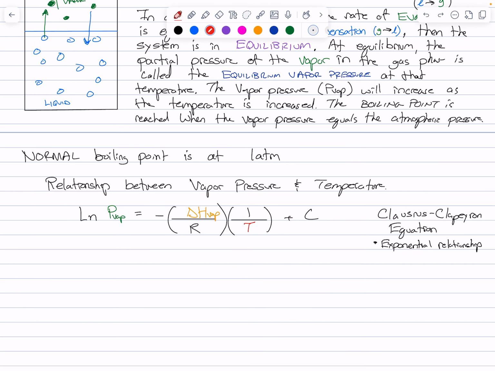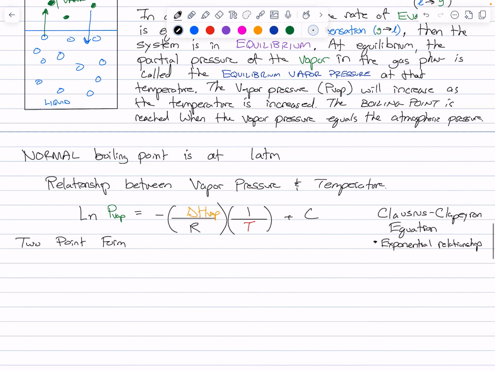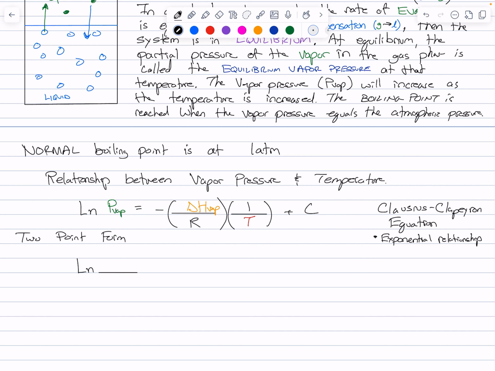Now, we're going to do a lot of the two-point form. Because this constant is the y-intercept, c, b, beta, whatever you look at, because this is y equals mx plus b, we can have two lines equal to each other. You can derive this, but most of my students don't like to do that anymore. So the natural log of P over P, and our current book has it that way. One of them is P1, one of them is P2.